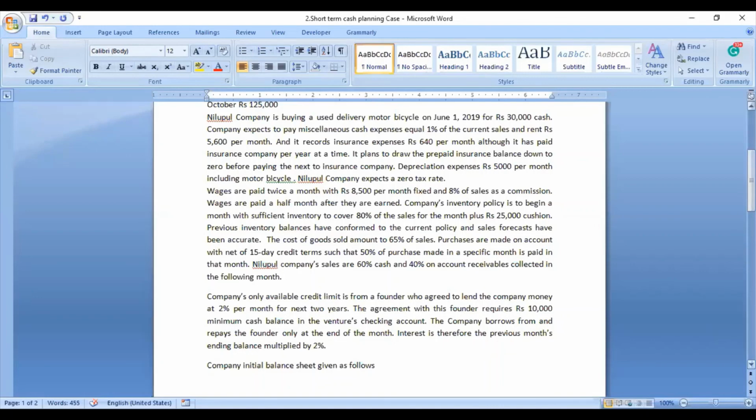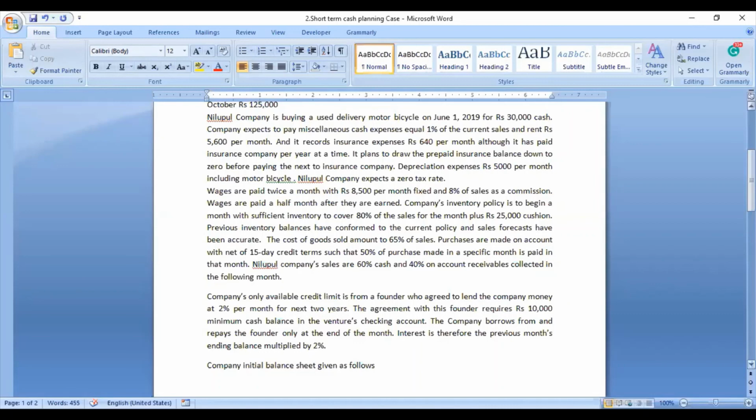The company's only available credit is from a founder who agreed to lend the company money at 2% per month for the next 2 years. The agreement with this founder requires a 10,000 rupees minimum cash balance in the venture's checking account. The company borrows from and repays the founder only at the end of the month. Interest is therefore the previous month's ending balance multiplied by 2%.